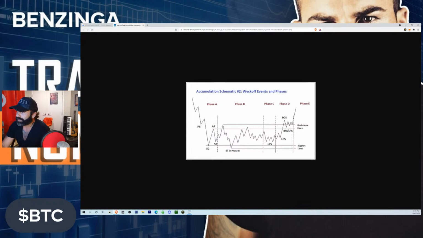You get the consolidation sideways, and you could almost call this a bull flag of sorts.